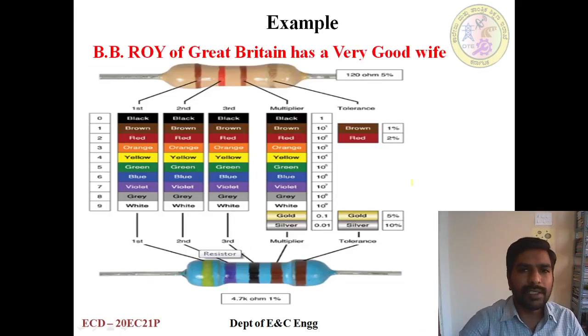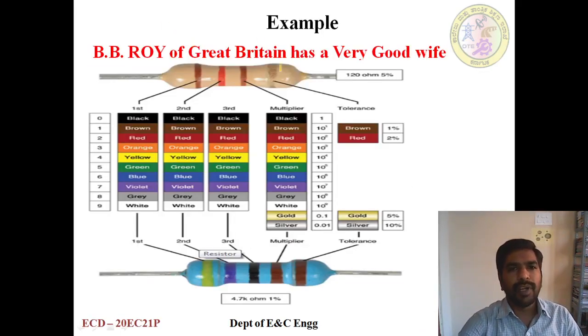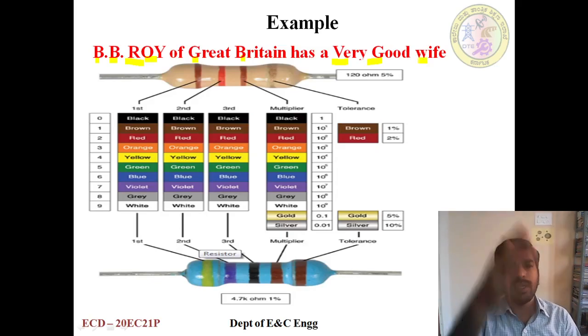For that, there is a saying: B.B. Roy of Great Britain has a very good wife. B means black, brown, red, orange, yellow, green, B means blue, V means violet, G means gray, and W means white. This is the representation.